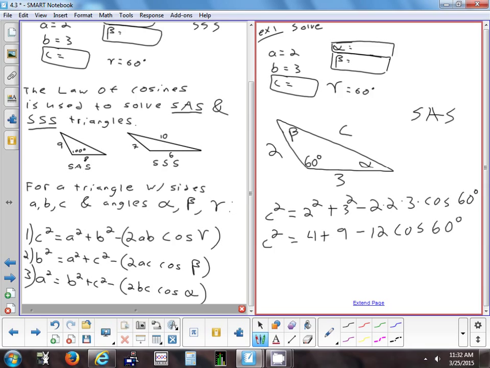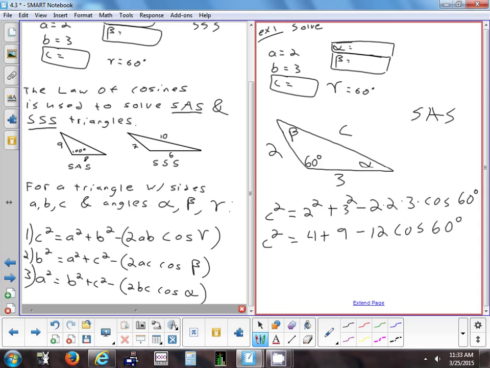Okay, what would I do next here? We could do the addition, and it wouldn't mess anything else up. But if you follow PEMDAS, what do you have to do first? Yep, 12 cosine 60. We should do the multiplication first. What I want to avoid is accidentally doing 9 minus 12.